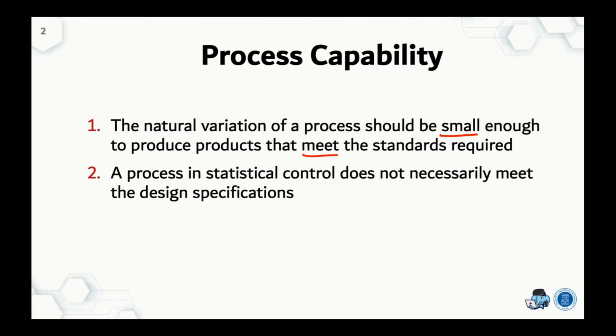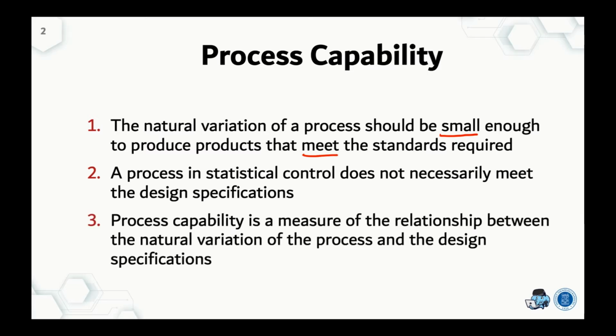This is because the specification is determined by the natural variation. So process capability is the measure of the relationship between the natural variation of the process and the design specification.